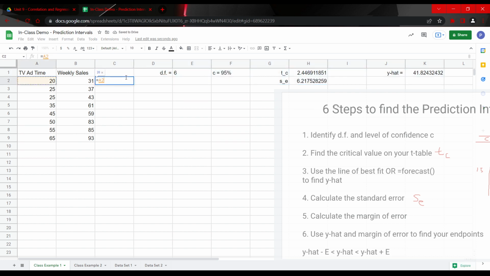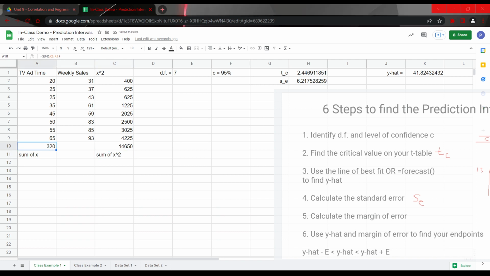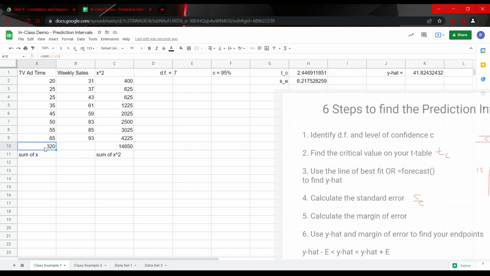So this is equal to this x squared autofill, and I'm gonna sum up these things. Sum it up and sum it up. So this is my sum of x, and this is my sum of x squared. Just to label these, I'm just gonna label these for this one, just so you know what I'm doing.